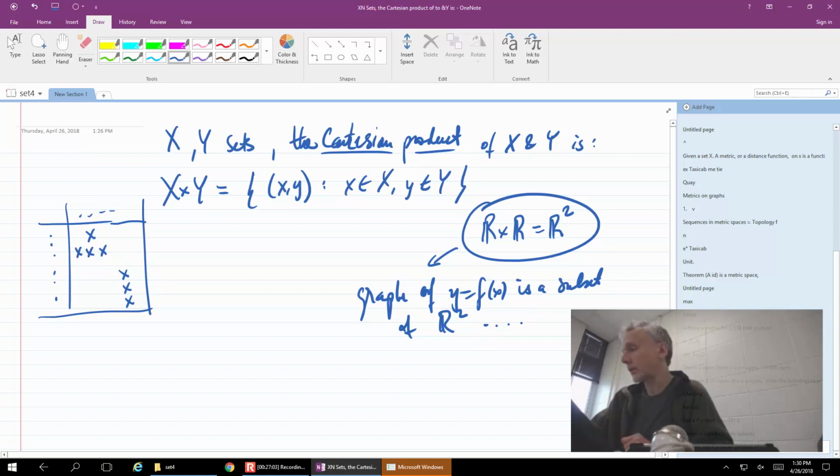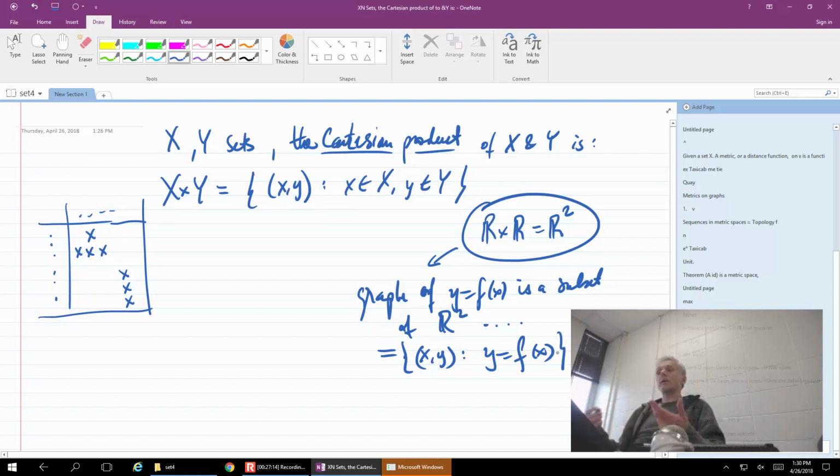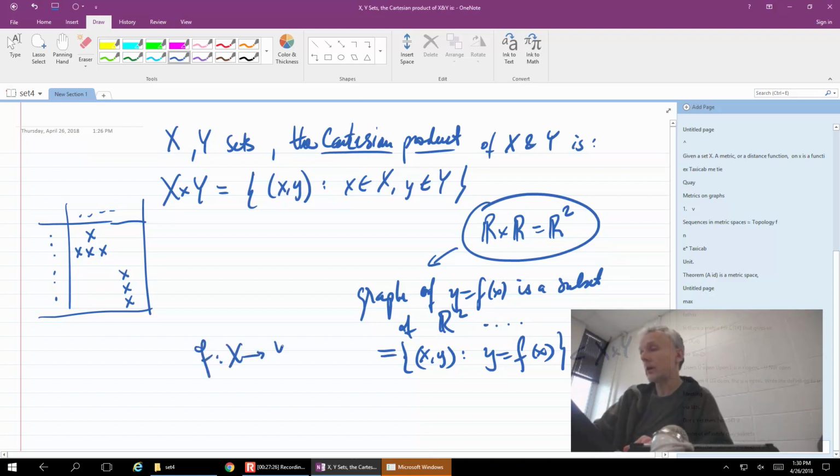It is equal to the set of (x, y) such that y is equal to f of x. This is the definition of the graph, and it is fully applicable to any function between any two sets. All we know is that it is a subset of X cross Y, and so for any function f from X to Y, its graph is this.